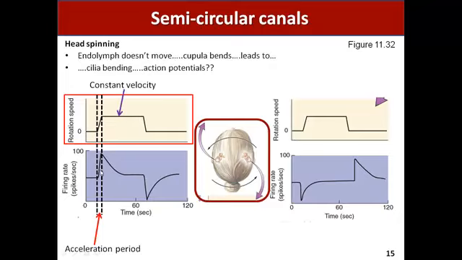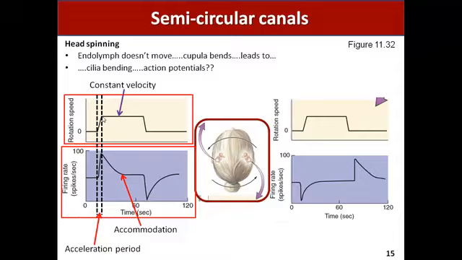Going through that acceleration period, if we take a look at the firing rate of the vestibular axons from the left-sided semicircular canals, we see this very large deflection. So the impulse frequency starts to increase.